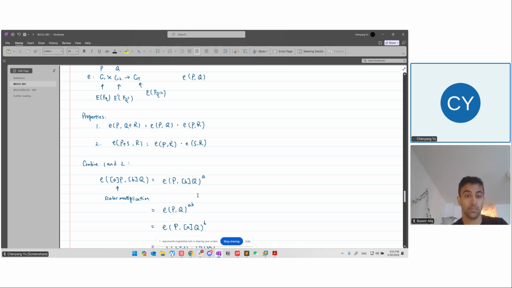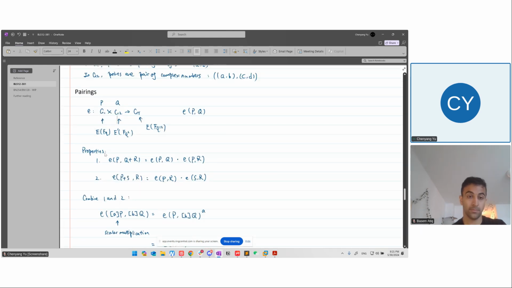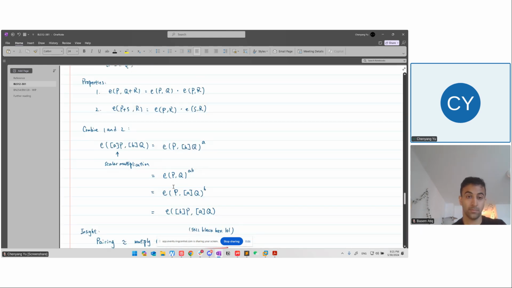Okay. So first you can factor out this A and take it out as the exponent, because we are applying property 2 for A times. Yeah, so we got this. Similarly, we can factor this B out and take it to the exponent by using property 1 for B times, okay?